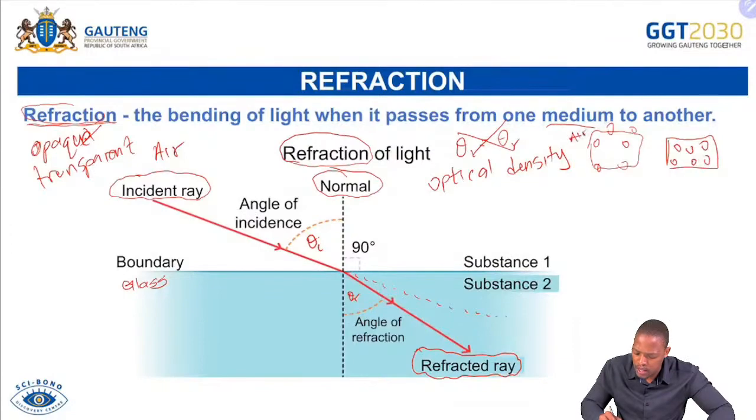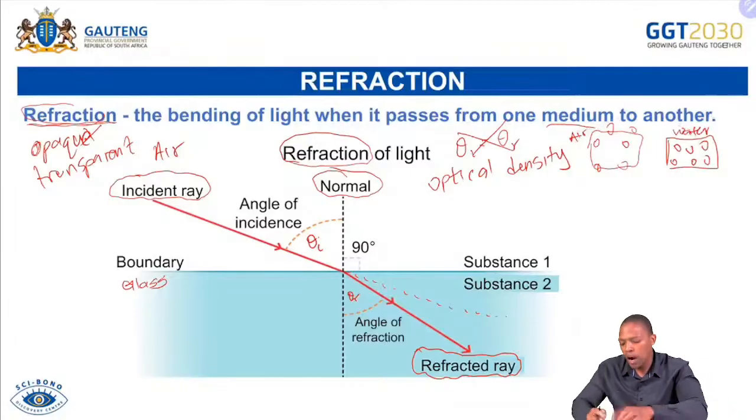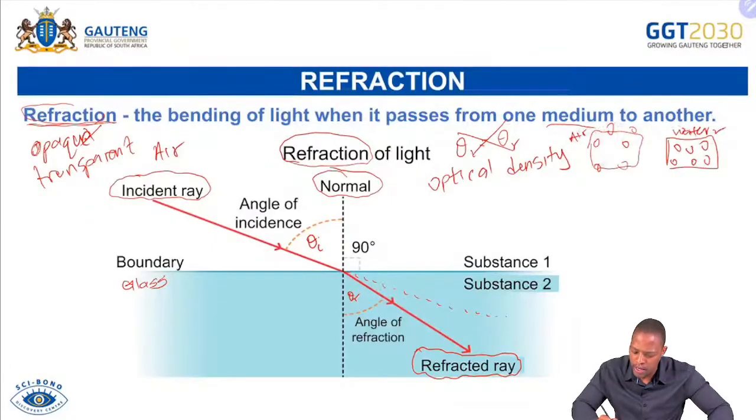If this was air and this was water, the particles here are closer to each other in water as compared to air. So if the particles are loosely bound and they are all over the place in air, that should make it easy for anything that travels through them to travel. So the light will travel easily through these particles as compared to when the light wants to travel through the particles of water.